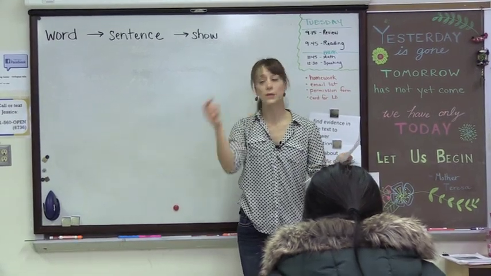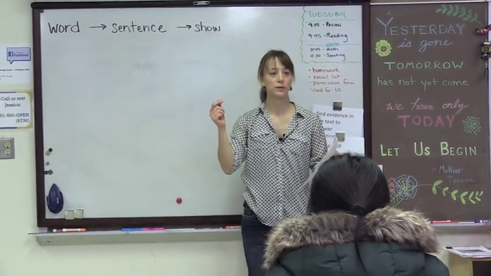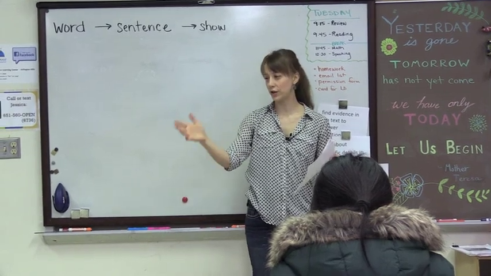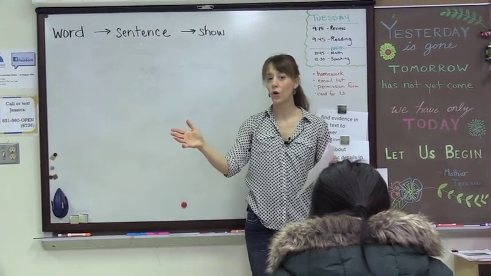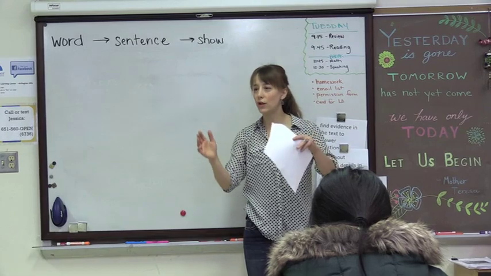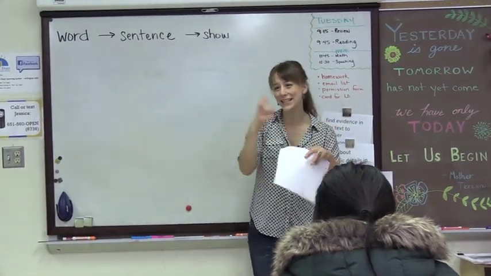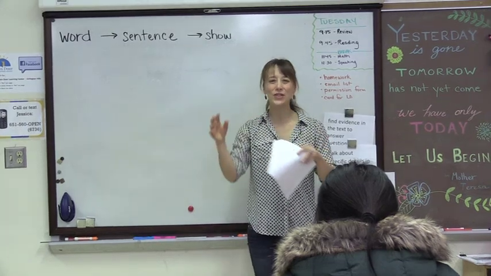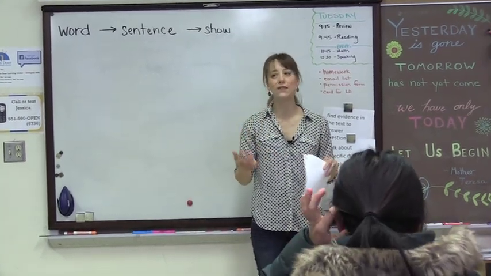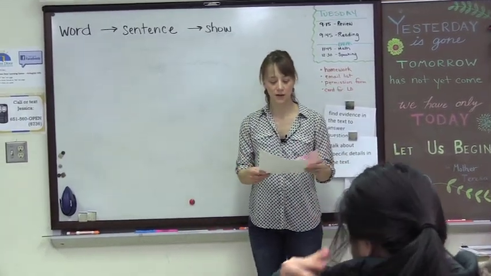Maybe draw. Find a good picture that illustrates it. Or the other thing that I see you do all the time is act it out. Okay? Use your hands. Use other things to help you explain the meaning of the text.